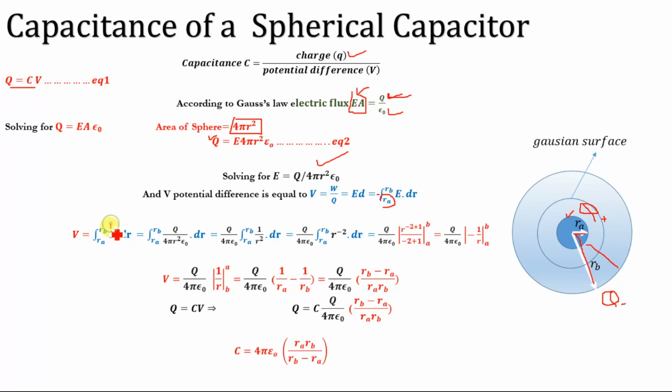Substituting the value for electric field, we know the electric field is charge Q divided by 4 pi r square epsilon naught.